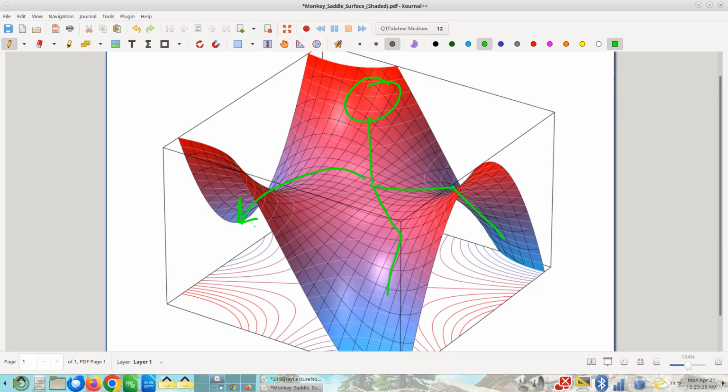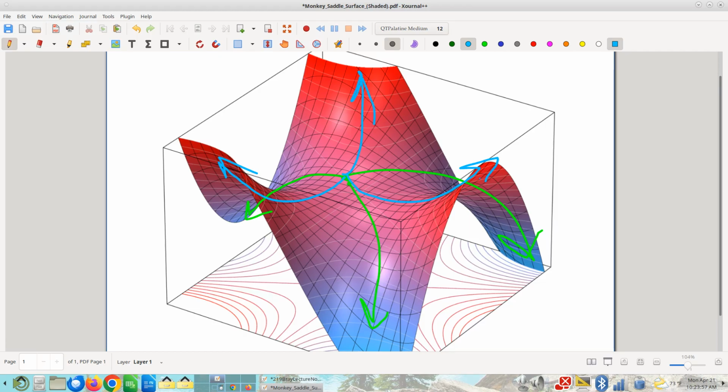So it's kind of funny, and you can do a Google image search, and there are some adorable little pictures of monkeys on saddles and that kind of thing. But if you think about it, it's kind of a weird shape, and again, there is no single variable version of this. So again, it's kind of curving downward in three different directions now, at the same time kind of curving upward in three different directions in between them.